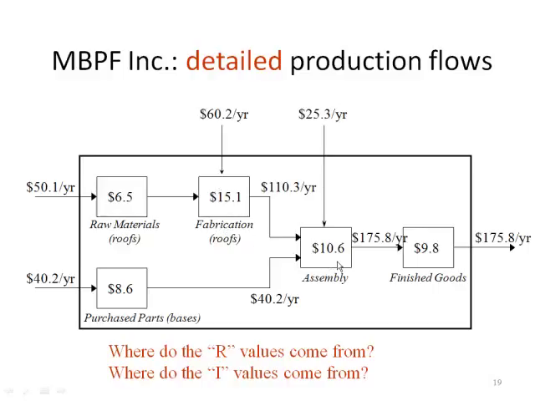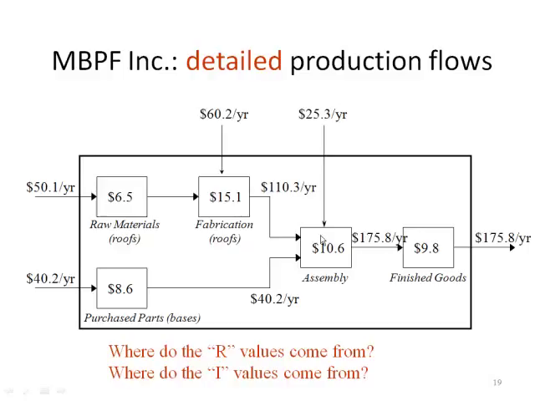Similarly, if we look at the assembly area, by the time work has flowed through the assembly area, we've incurred all the expenses we're going to have. We have final assembly costs, fabrication costs, raw material, purchased materials. It's all flowed through here. And that's why the flow dollars coming out of assembly is the same as the cost of goods sold. Now what's going on here in assembly?